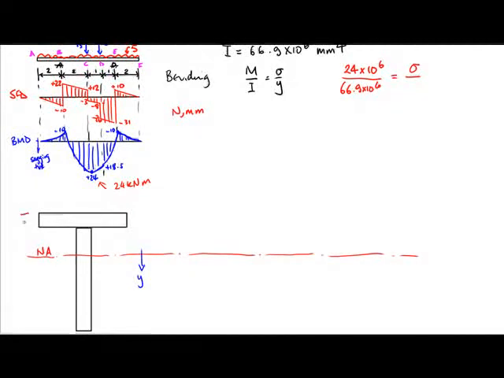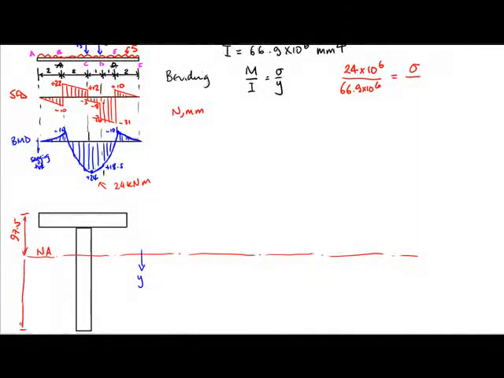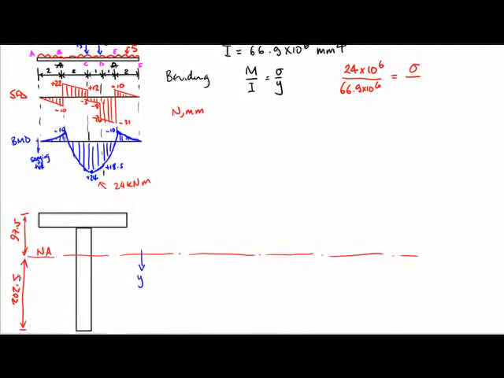Now that distance to the neutral axis is 97.5, so there clearly is a much bigger distance to go downward than upward from the neutral axis, and if we go down we actually can go 202.5 millimeter.